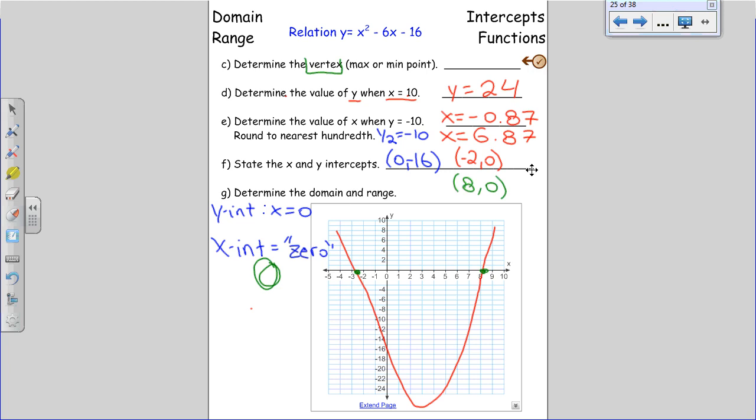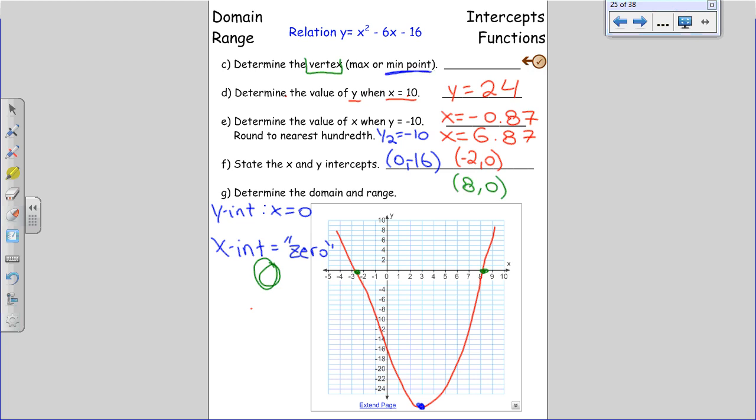The vertex has another name to it. It's either minimum or maximum, depending if it's a low or a high. This thing is the lowest point, which means it's a minimum point. Your calculator has the minimum function on it. So to find a minimum point, you go second, trace, and minimum.